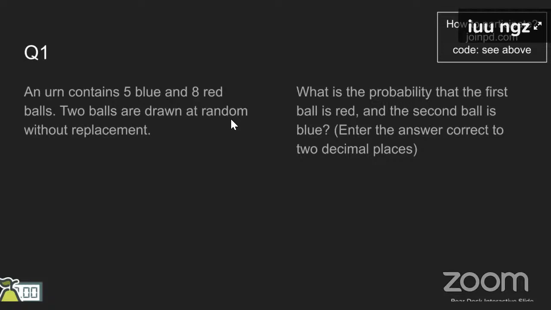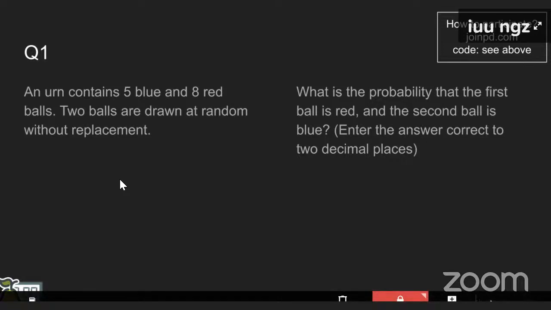So now we know that in the urn you have a total number of blue balls as 5. But now since we are not putting the red ball that we had drawn earlier back, the number of balls left is 12, right? So the answer should be 8/13 times 5/12.